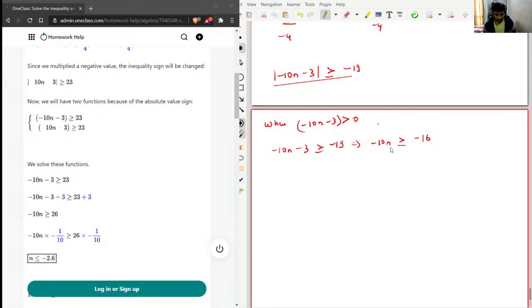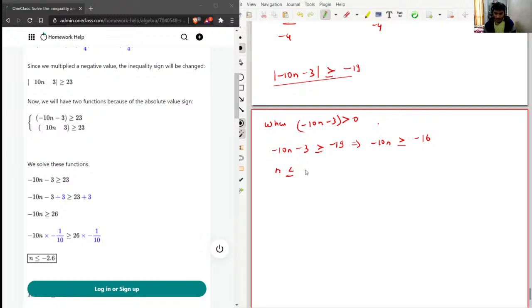Then I'll again multiply by minus 1 on both the sides, and again my sign is going to change. So this will become n less than equal to minus 16 over minus 10.